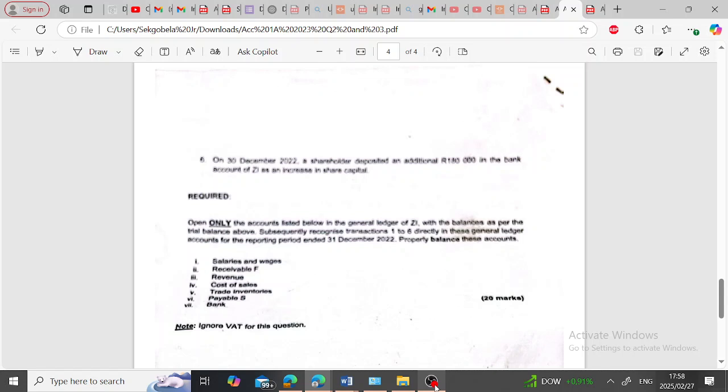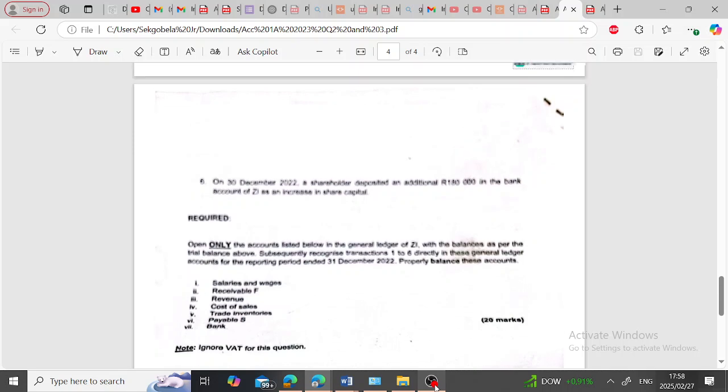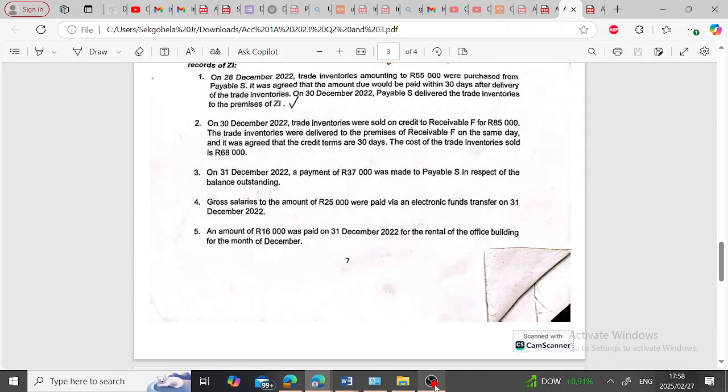So what is gonna be the opening balance for salaries and wages? Salaries and wages, guys. Expense.